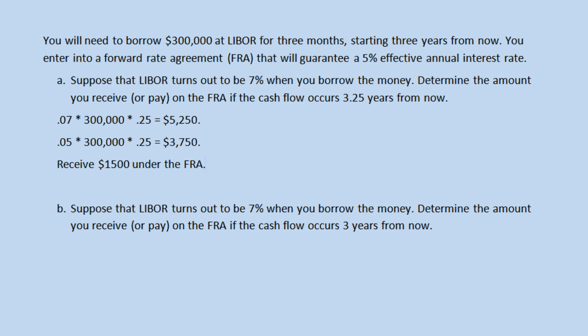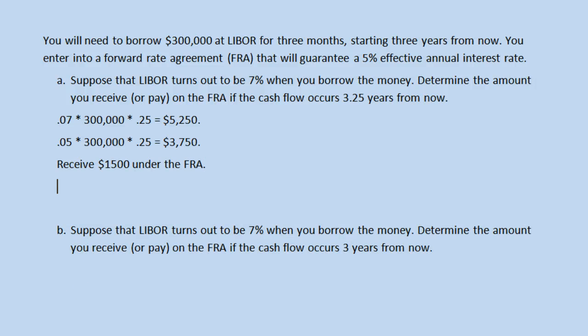Now there is a slightly faster way you can do this, which is to know that the forward rate agreement makes a payment or a receipt based on the difference between the locked-in rate and the actual rate, which is 2%.